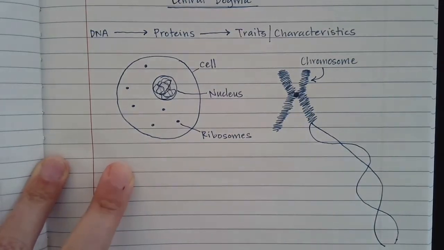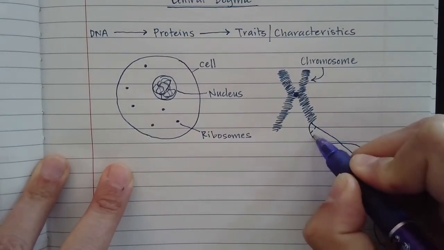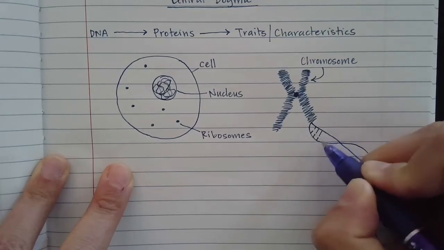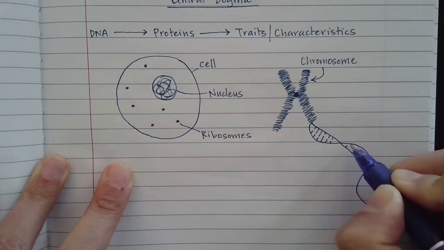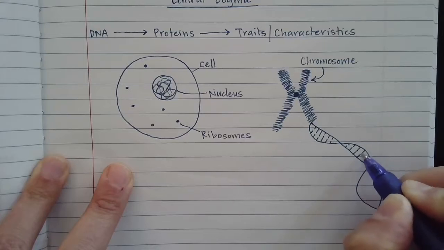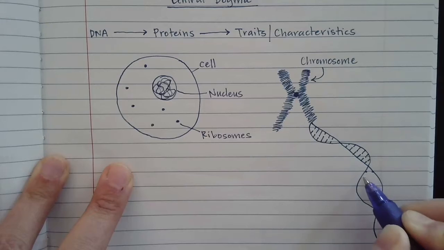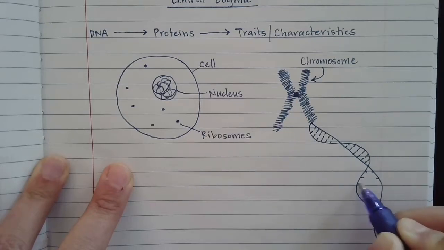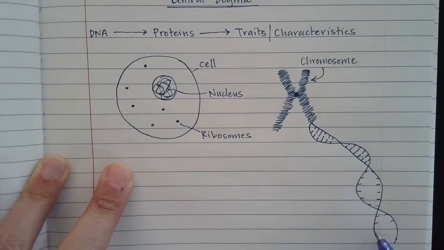And if we zoom in, we've got these bases on the inside and the backbone on the outside. So there's really two strands. Now these ones are further apart, and I did that on purpose. I want to show you how this works.